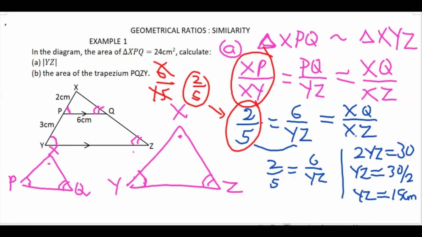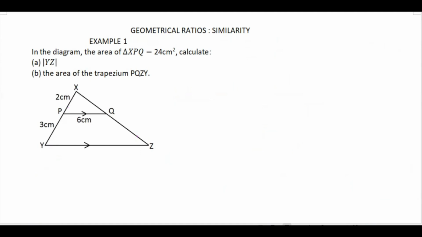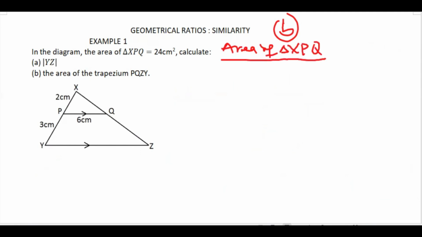So in part B, we're given that the area of triangle XPQ, ratio area of triangle XZY.